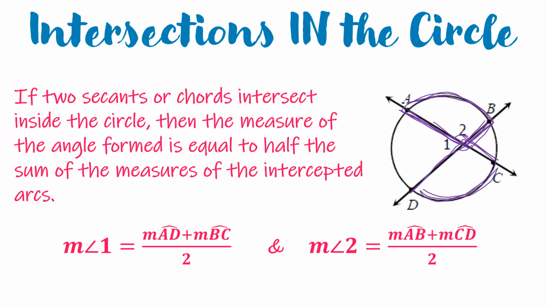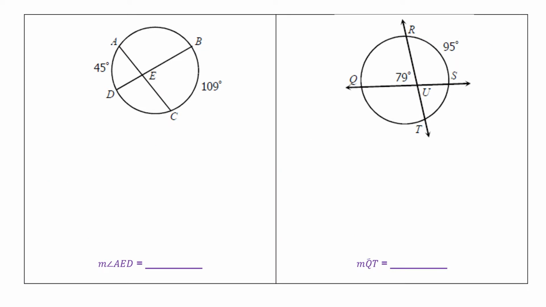So you would add the measure of arc AB and the measure of arc CD and then divide by 2. Keep in mind that angle 1 and angle 2 form a linear pair, and they should be supplementary. So if you have the measure of angle 1, you should be able to find the measure of angle 2 and vice versa. So let's look at a few examples to practice.